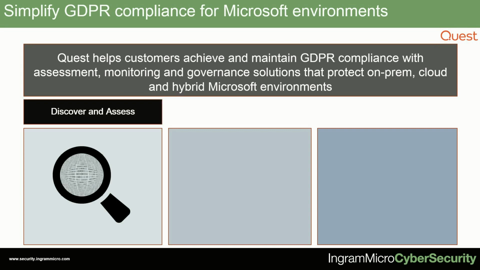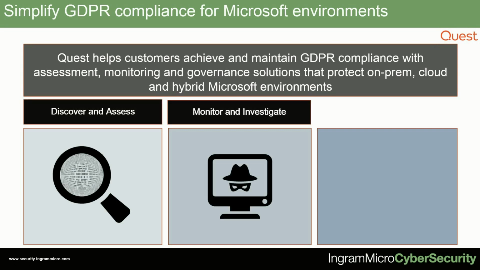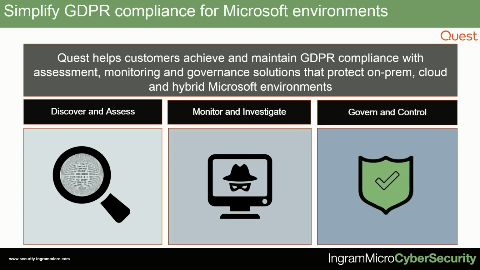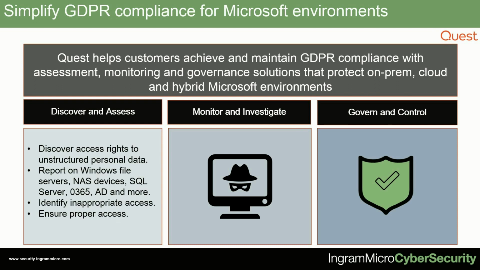Let's understand how Quest helps the organization to achieve and maintain GDPR in these three areas. Discover and assess. Quest helps the organization to discover and assess the different access rights given to users to access personal data. What are the different applications? What are the different services that are created to communicate with the personal data, right?